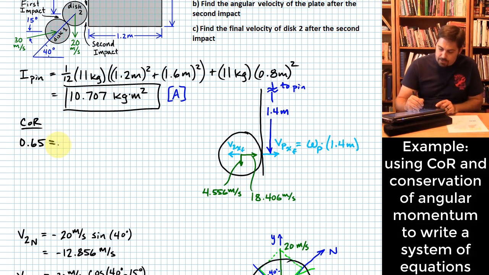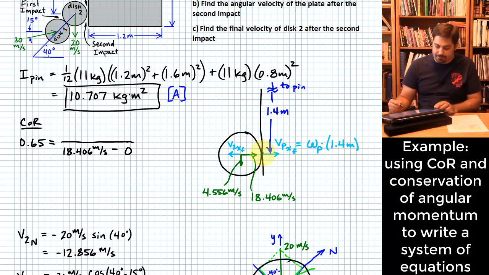It is going to be equal to, okay, which body had a higher velocity at the approach? Well, it's going to be this ball number 2. So we're going to say 18.406 meters per second in that normal direction, minus 0, because it had 0 velocity right there at the point where it contacted.